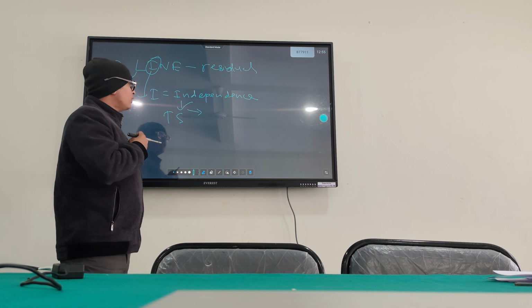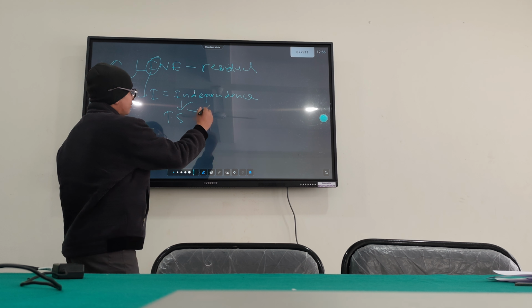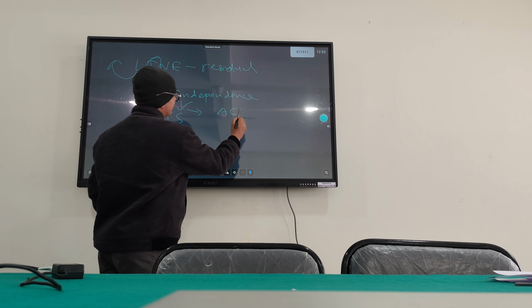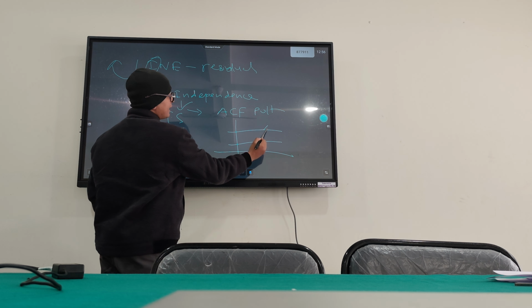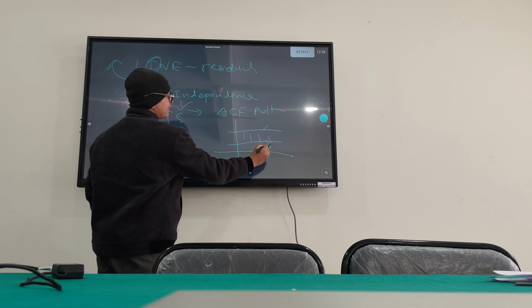So how will you confirm? You have the ACF plot. If you go visually, you can look at the ACF plot. The ACF plot is like this. You have two lines, these blue lines. The data should fall inside these lines, which means the independence test is confirmed. But statistically, how will you confirm that?